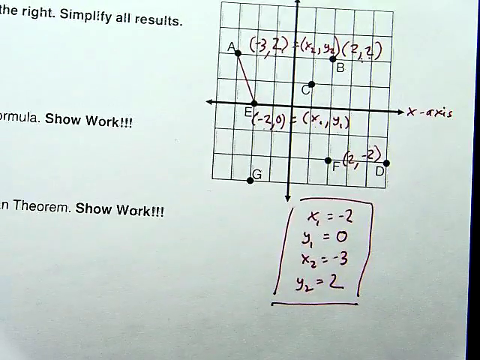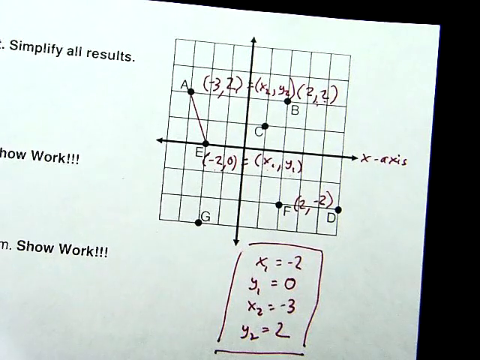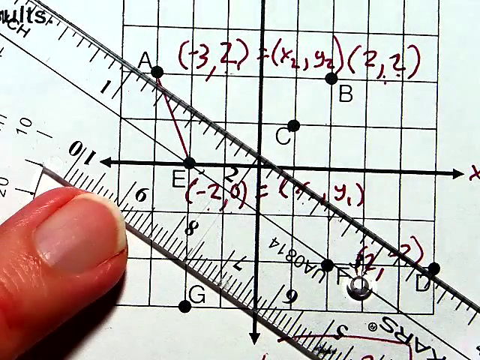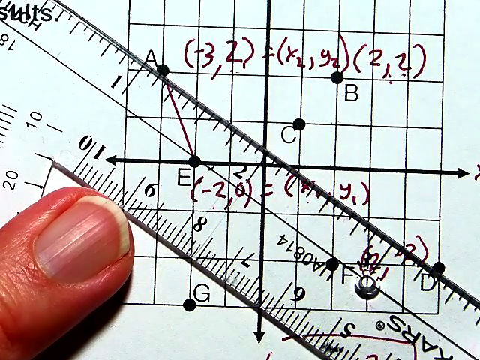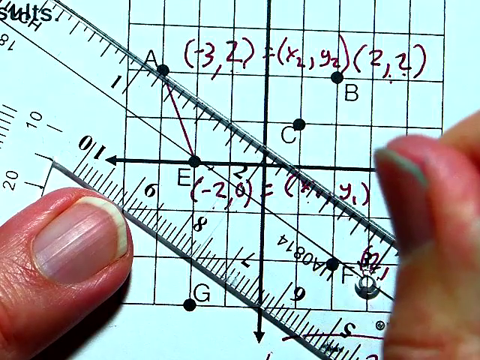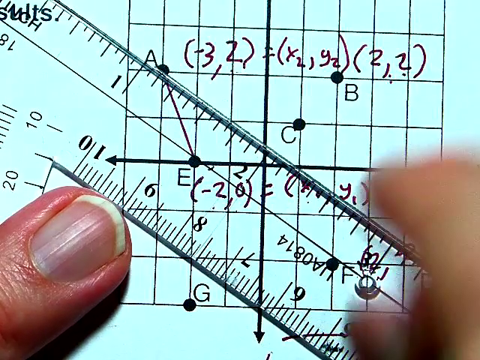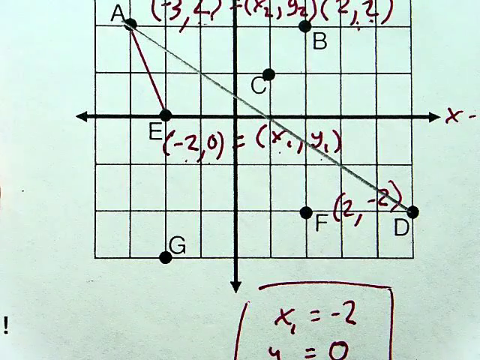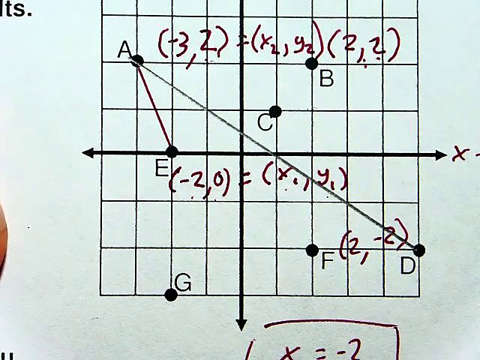Well, let's go back to this graph and let's draw the line segment AD. Draw it in pencil, so it'll look different from the other lines. And I've got the line AD, and now what I've got to figure out is what is the third point of that right triangle.